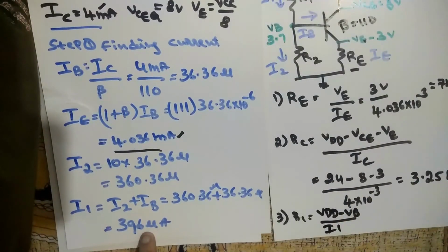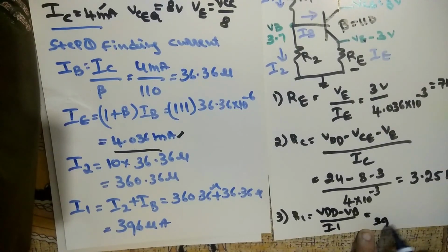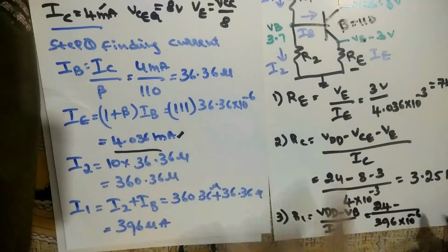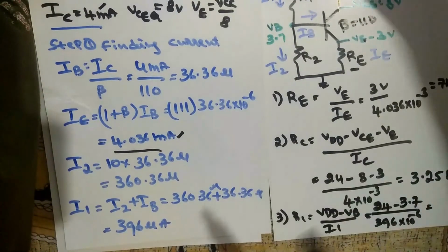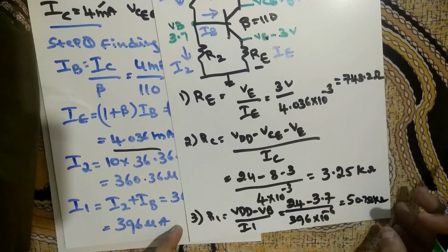The I1 we got is 396 microamps, so it is 396 into 10 to the power of minus 6, and VDD is 24 and VB is 3.7. If you apply this, you are getting 50.755. This is how R1 can be done.